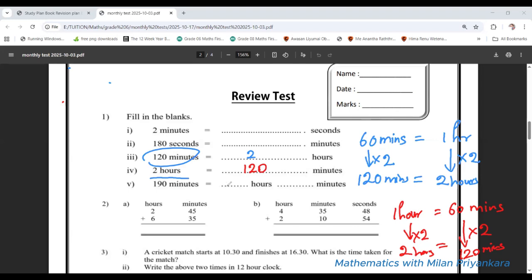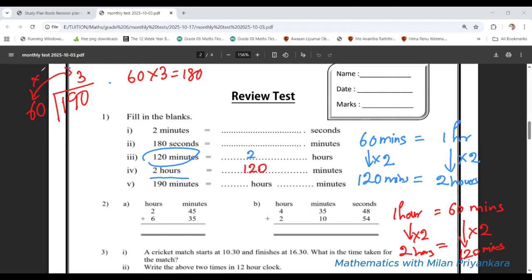So 190 minutes in terms of hours and minutes. Okay, then we have to find how many hours. Let's say 190, we have it, and we divide by 60 to find how many 60s are there, because 60 minutes mean 1 hour. Okay, let's see. In 180, there are 3 60s. 60 into 3 is 180. I think you know that. Therefore, there are 3 60s in 190. 3 into 60, then you multiply these two.